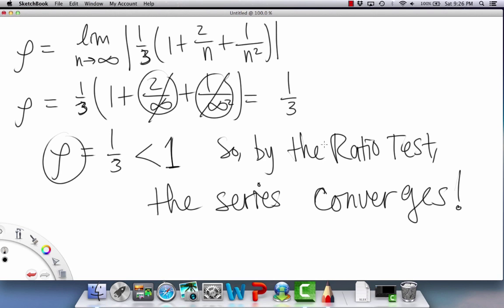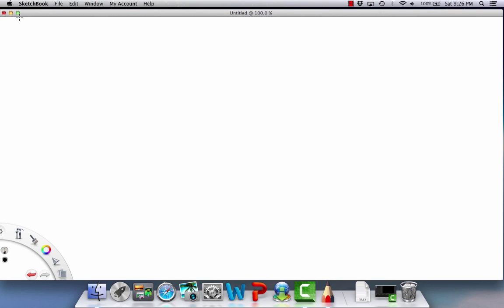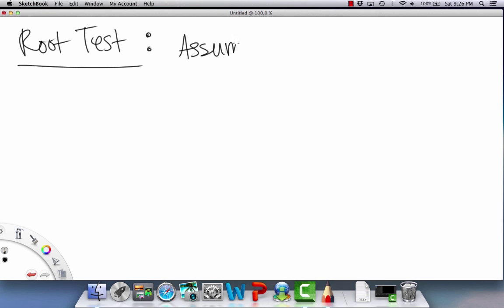Okay, now onto the second test in this section. This one is called the root test. Anything that you might think from root in math is basically what this is saying. So we're going to be dealing with some kind of roots here, not necessarily square ones or cube ones, but any kind of root. So we're going to assume the following.